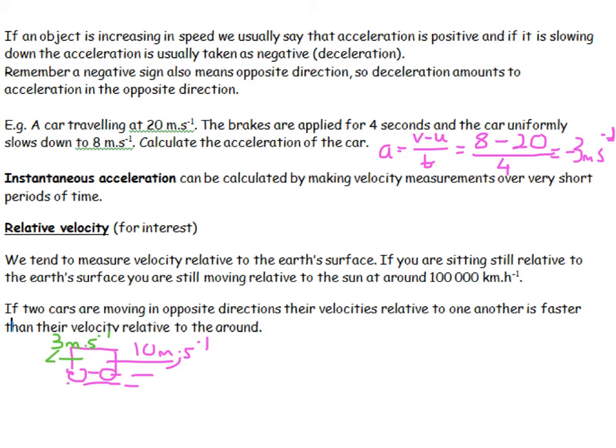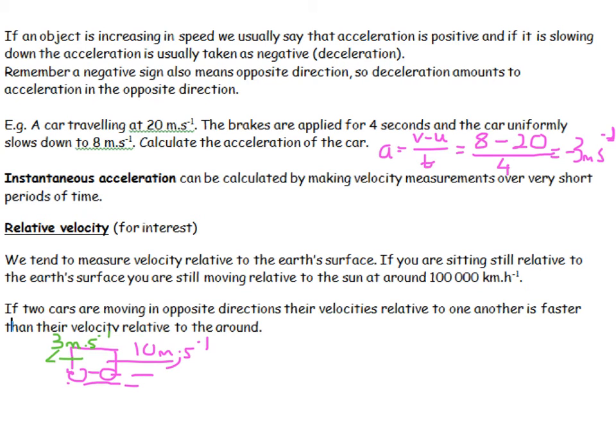Relative to the train, I'm moving at 3 meters per second, but relative to the ground, I'm moving at 7 meters per second in the forward direction. If two cars are moving in opposite directions, their velocities relative to one another is faster than their velocities relative to the ground. We've done examples like this, and they've come up in your exam and your tests.